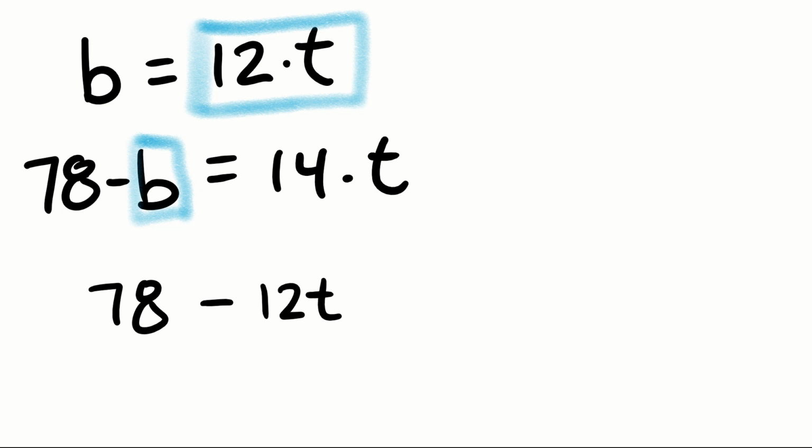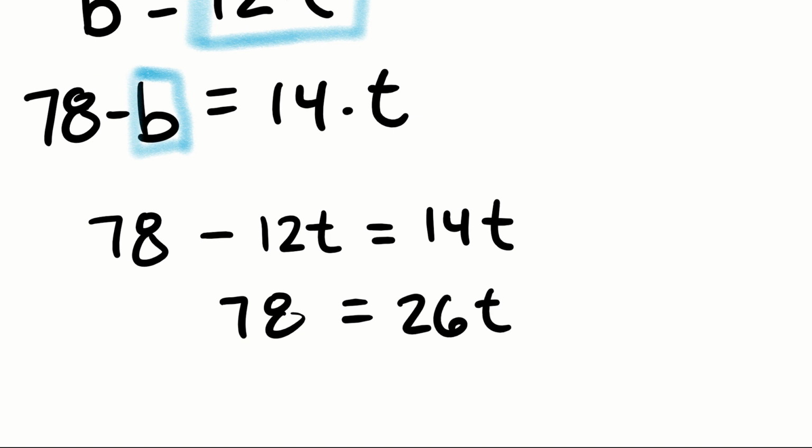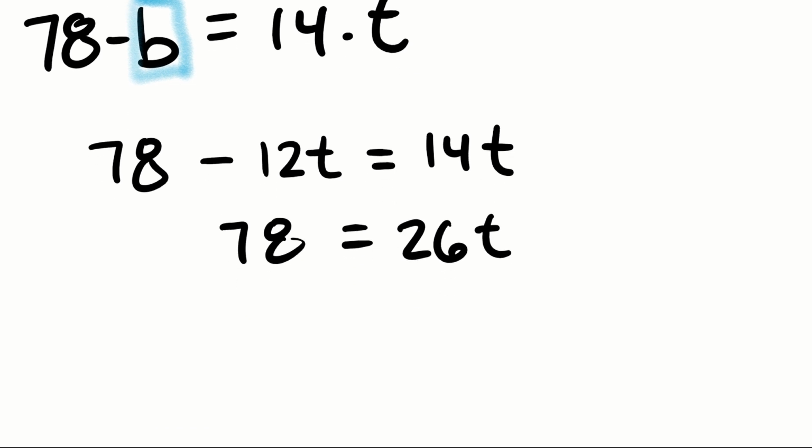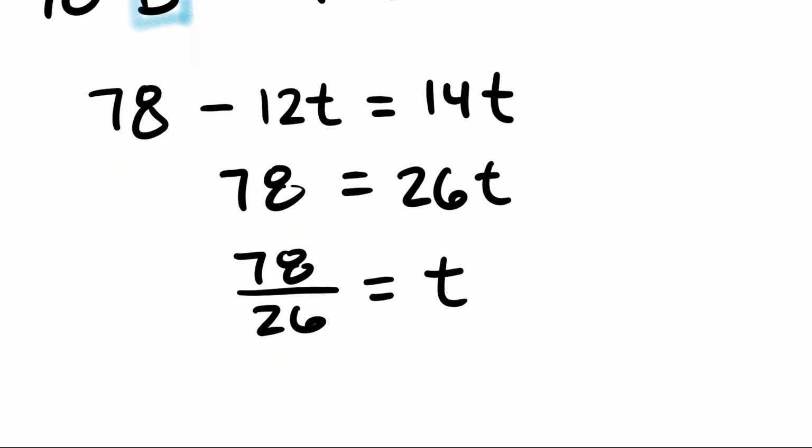So 78 minus 12t equals 14t. If I add 12t to both sides, I get that 78 is equal to 26t. And if I divide both sides by 26, we get 78 over 26 is equal to t, which is precisely the number 3.